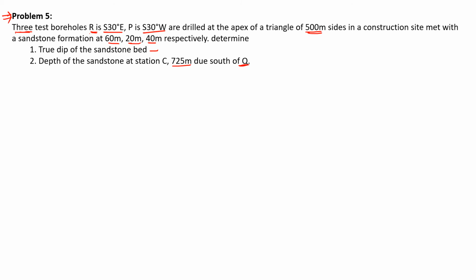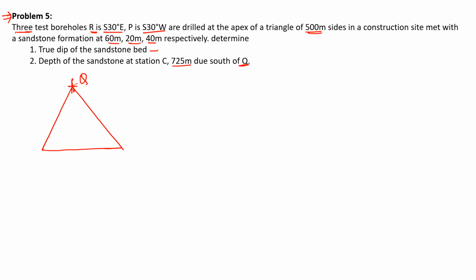Let's start. I'll consider one point as my point Q, and I'll plot south 30 east and south 30 west on either side, and join them.